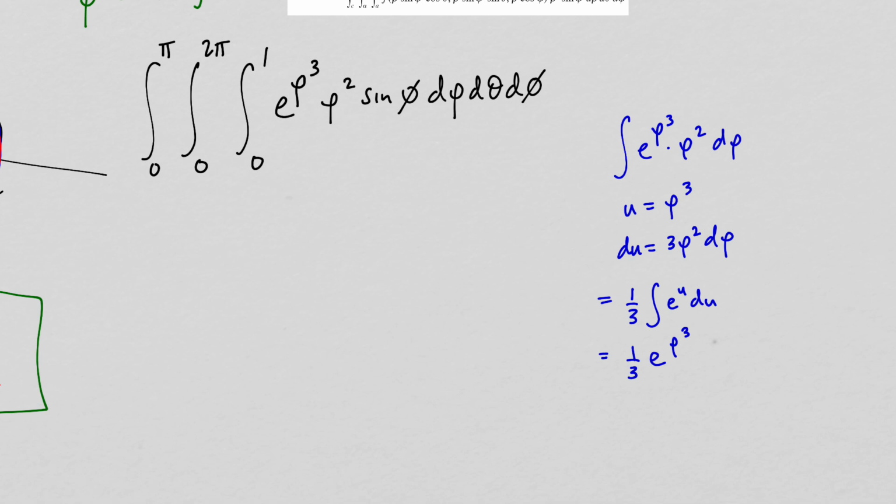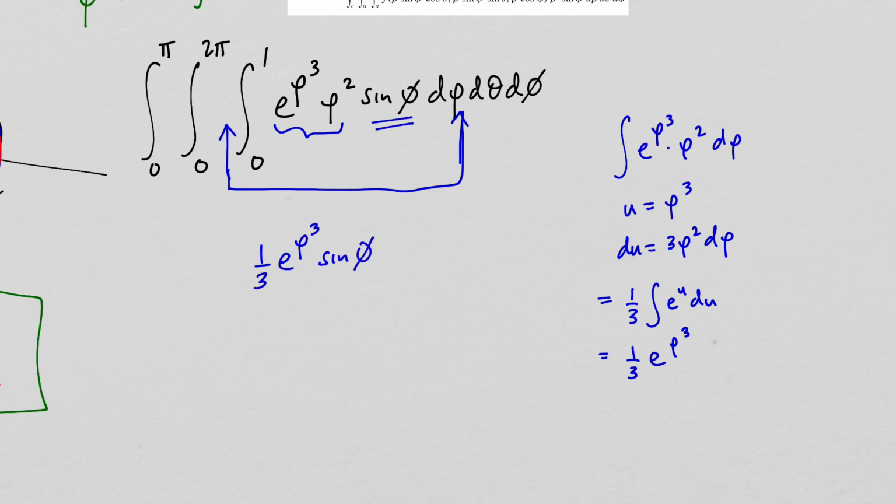That is the antiderivative of this part. Then, of course, we have to evaluate that from 0 to 1, and don't forget to have your constant sine of phi there. So this part of the integral is going to end up being 1/3 e to the rho cubed sine of phi evaluated from 0 to 1.